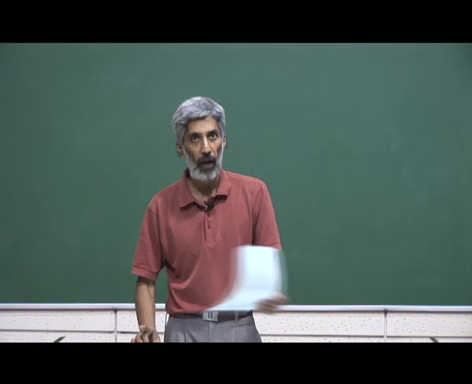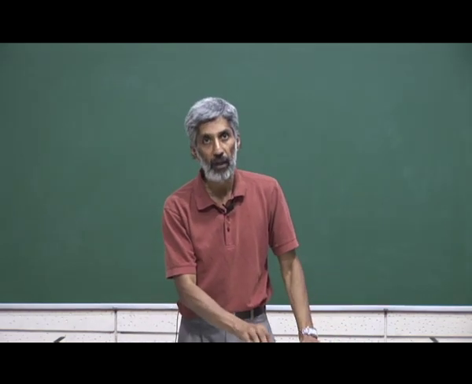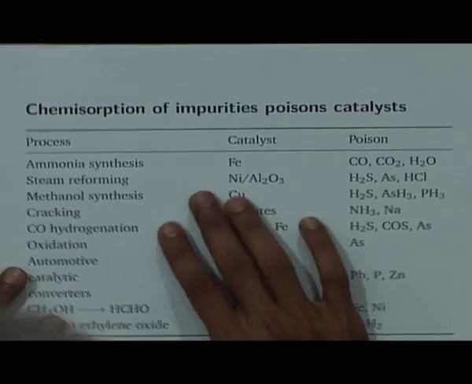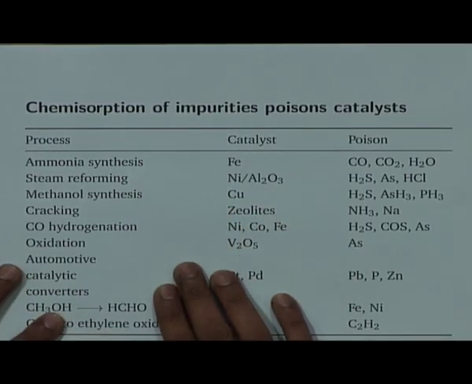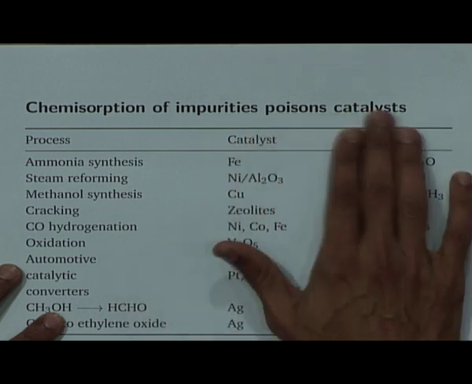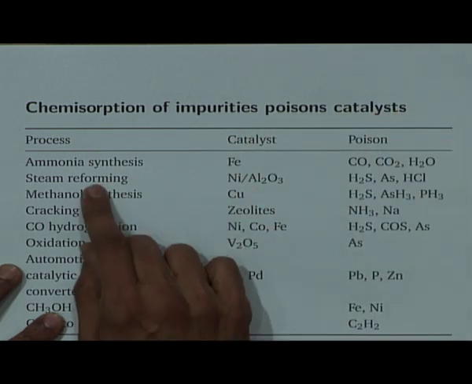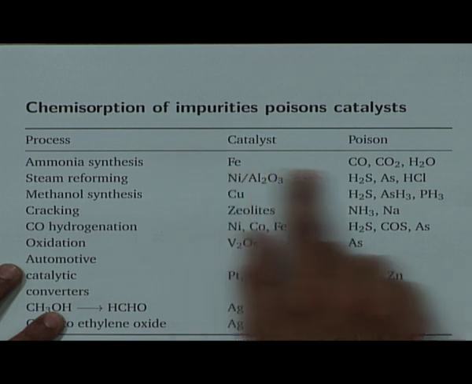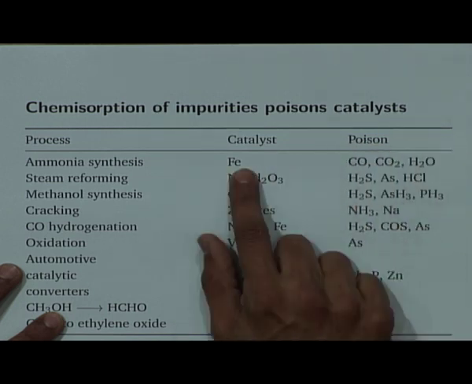The thing that we would like to look at is the chemical reasons for catalysis being poisoned. Here are various examples of impurities that poison catalysts, and in the ammonia synthesis where you are using iron, any of these could poison the catalyst.